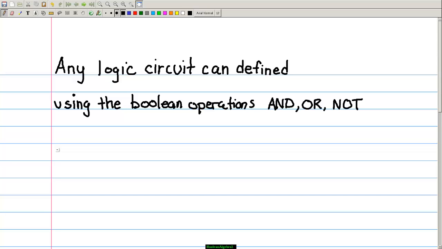So here's a basic example of how we would use Boolean algebra to describe the output of a simple logic circuit that contains two gates.